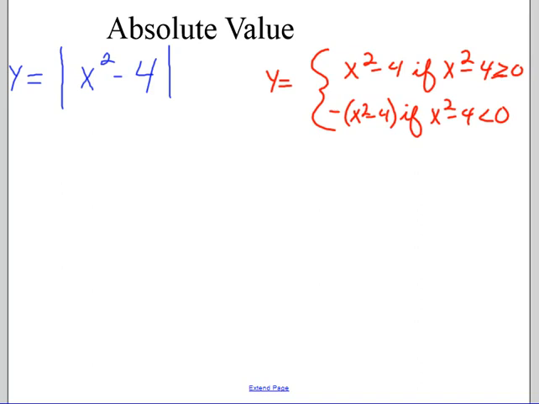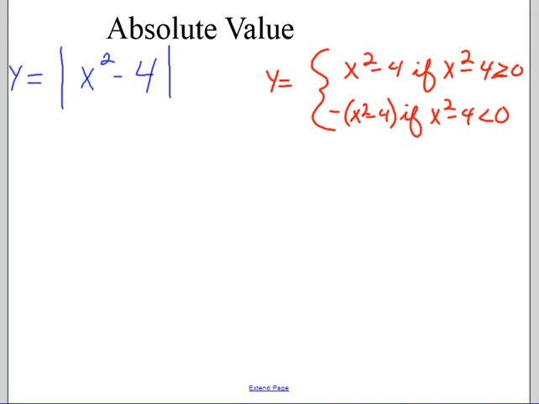But don't forget, absolute value is a piecewise defined function. Anytime you see absolute value, think piecewise defined. If the stuff inside is positive, then the absolute value of the stuff inside is the stuff inside.